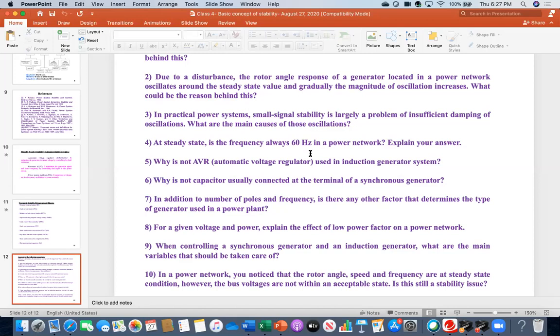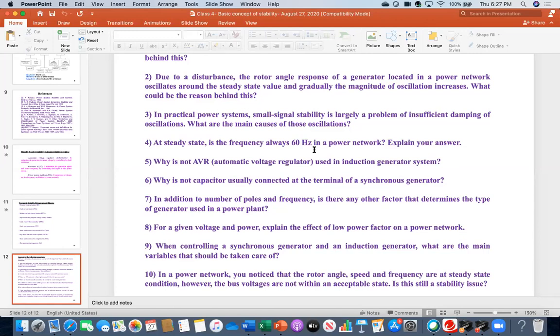Because continuously loads are being changed, even though small changes, 60 watt, 40 watt, whatever, in every house, everywhere, that has some impact. So frequency is not at all exactly 60 Hertz. But the question is, is it 55 Hertz or 65 Hertz?